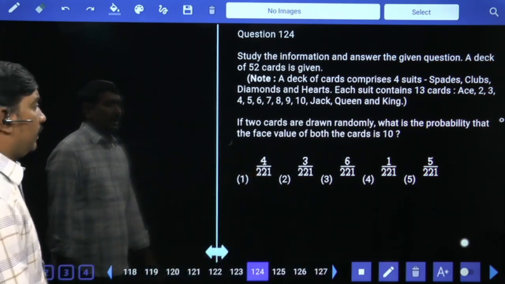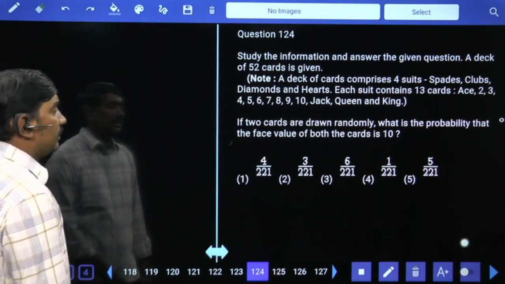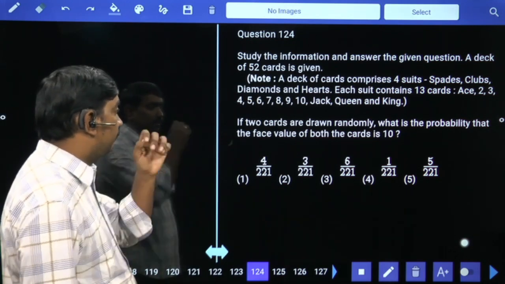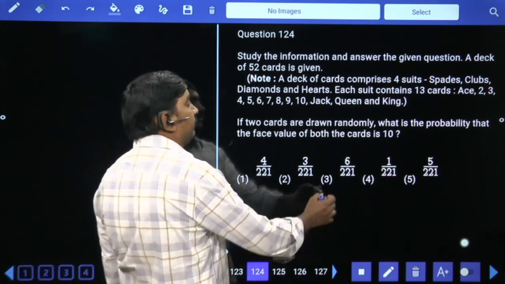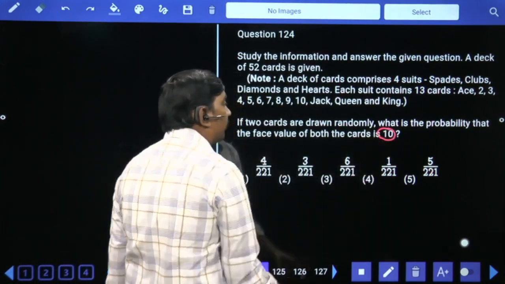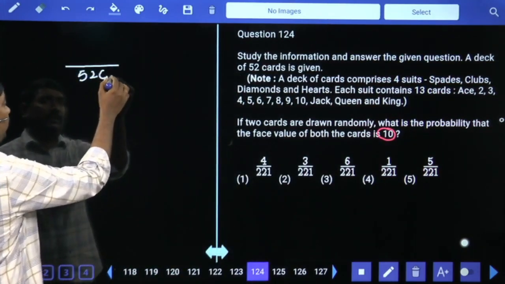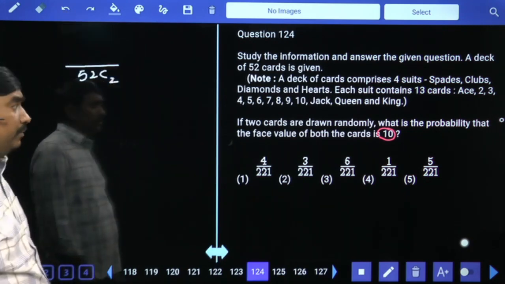2 cards are drawn randomly. What is the probability that the face value of both the cards is 10? Means number 10 cards. Total 52 cards are there. Out of 52 cards, 2 cards are drawn, so sample size is 52C2.